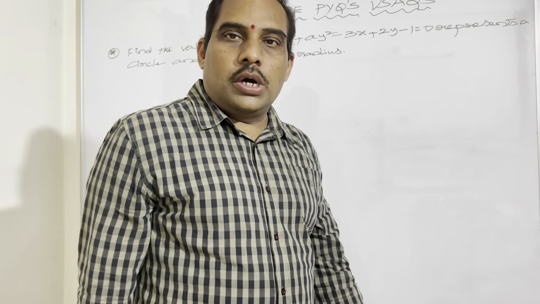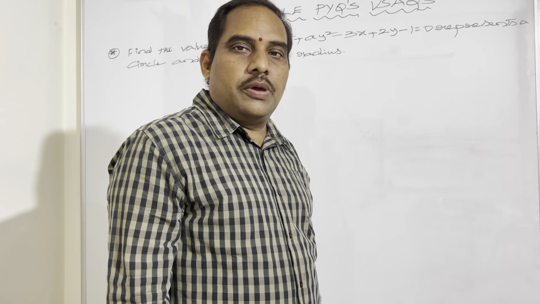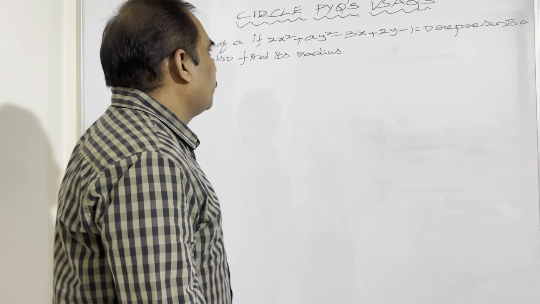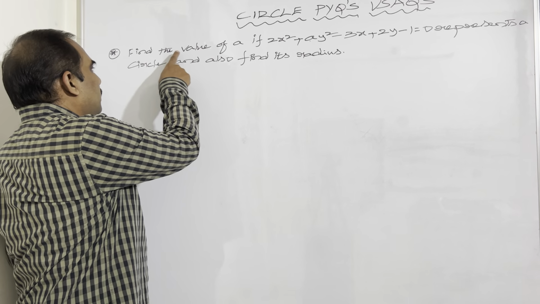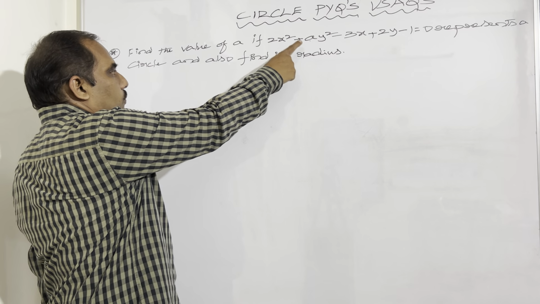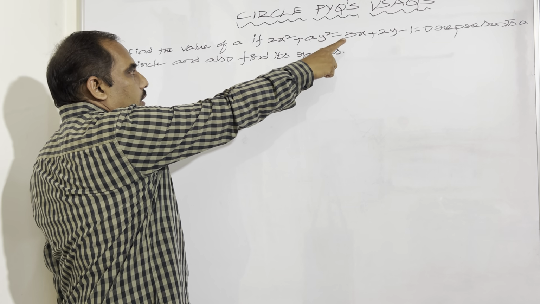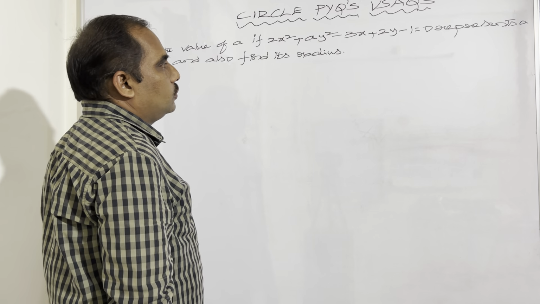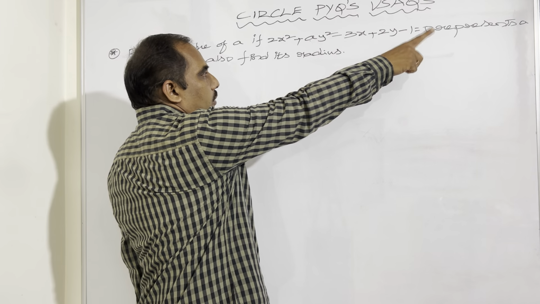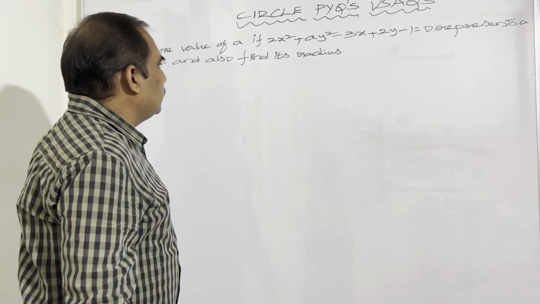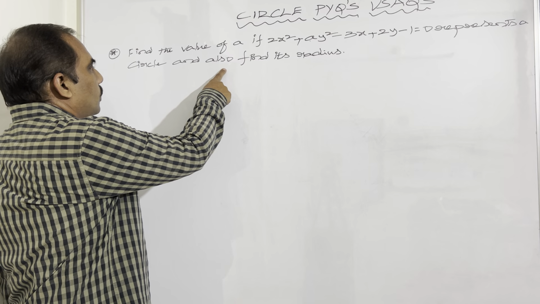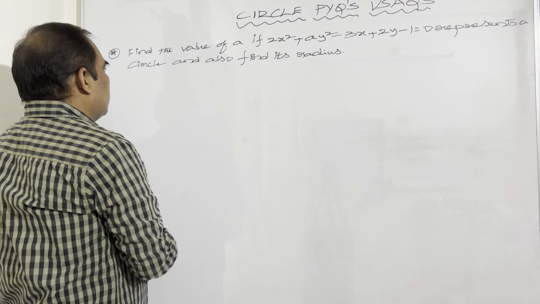In this video we are going to discuss circles, PYQ VSAQs. The question is, find the value of a if 2x square plus ay square minus 3x plus 2y minus 1 is equal to 0 represents a circle, and also find its radius.